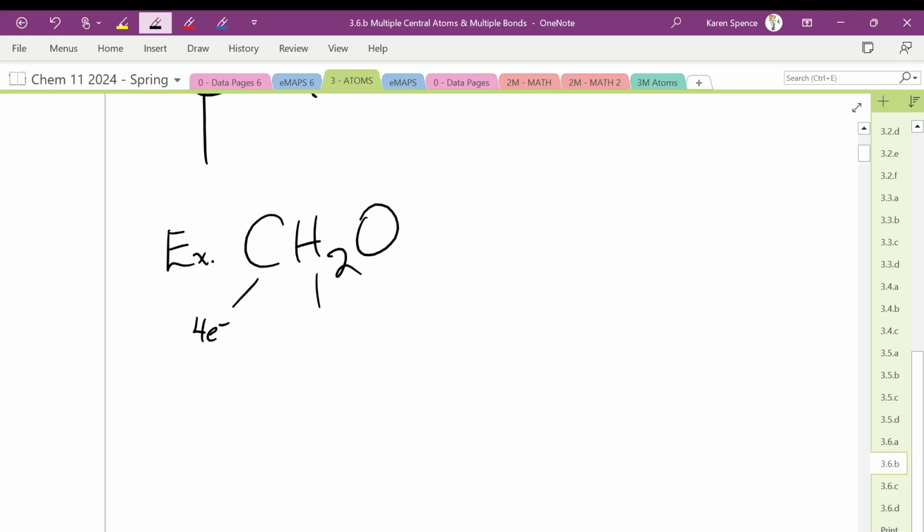How many in hydrogen? 1. Do we have to multiply it? Yes. Times 2. And how about oxygen? 6. And now we're going to add 4 plus 2 plus 6 is equal to 12.